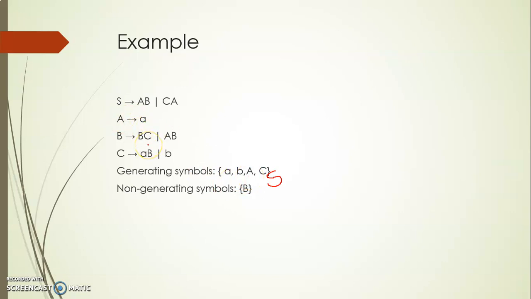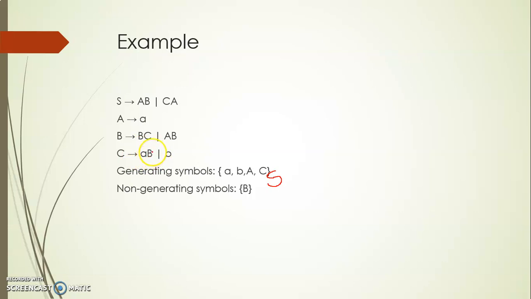While I go for B, there are two options for B. One is BC and another one is AB. So I know A is generating, but I do not know anything about B and C now. So I'll leave it for the time being. Next, we'll come for the next iteration. When you consider the production C tends to AB slash B, it includes a combination of both terminals and non-terminals.